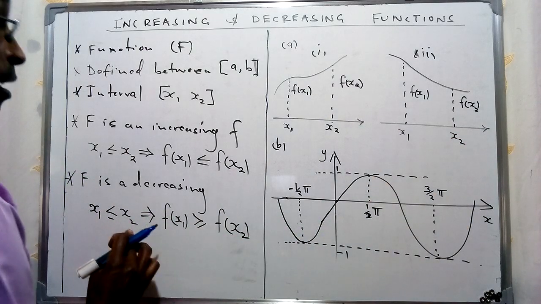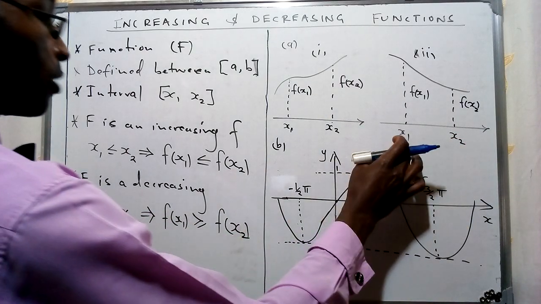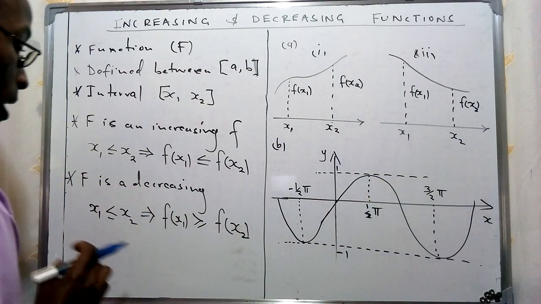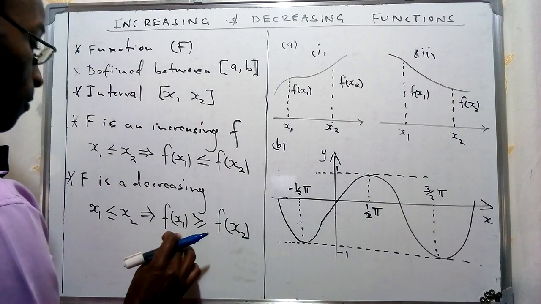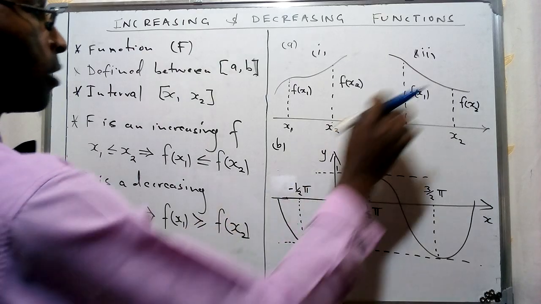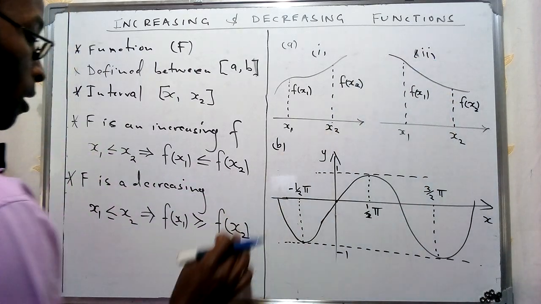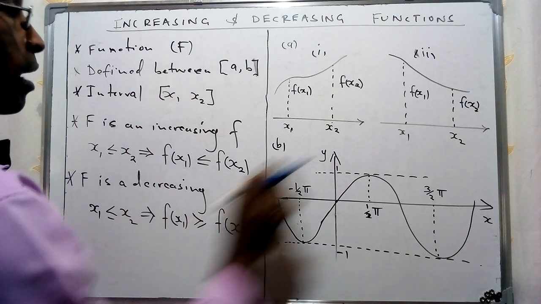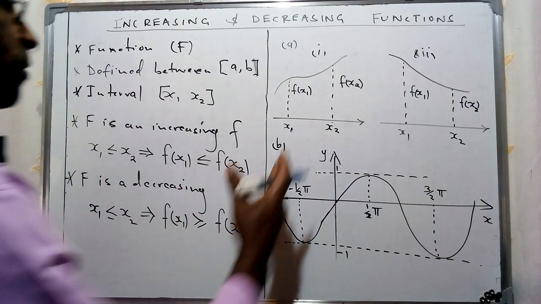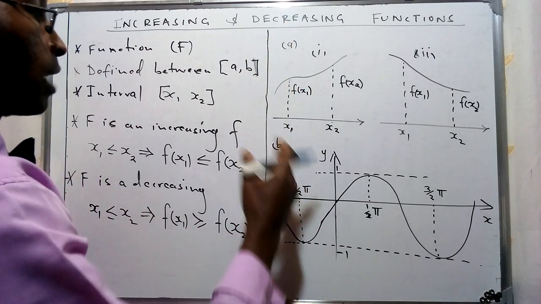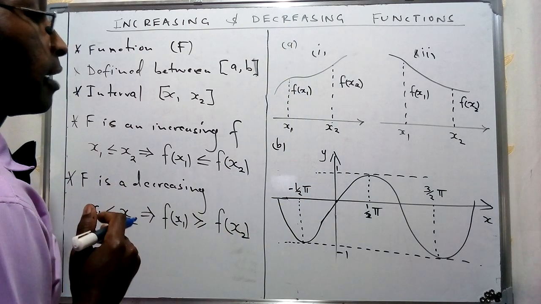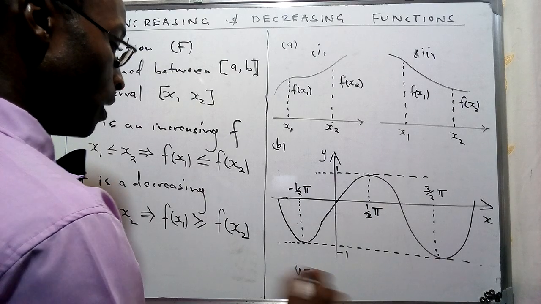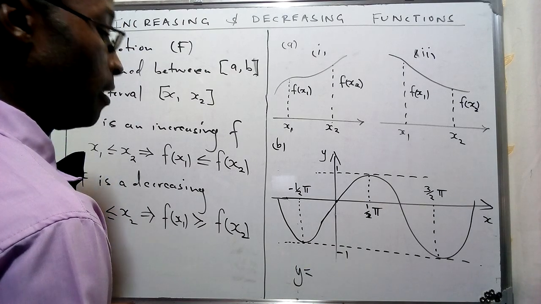Whereby we're going to have these specific values for the interval of x1 being smaller than x2, and we're going to have these specific values for the function f(x1), which is going to be greater in value compared to this one. So if we have this as a Cartesian coordinate system, remember we can define a function as a representation of two independent and dependent variables.